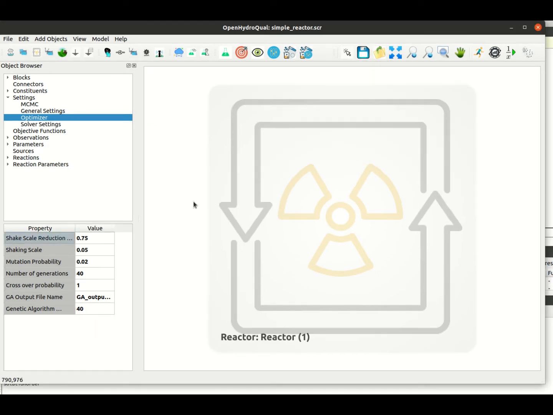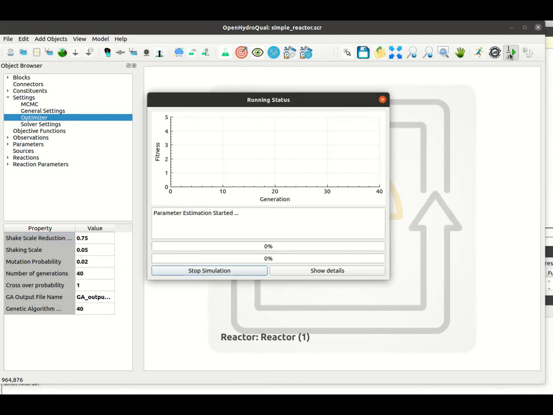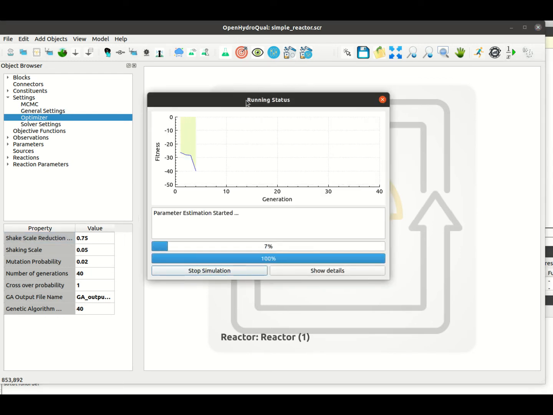So now I will run the maximum likelihood inverse modeling, or genetic algorithm parameter estimation, by clicking on this icon that says inverse run. Here the y-axis is the fitness, the x-axis is the generation. The fitness is actually the minus log of the likelihood function.